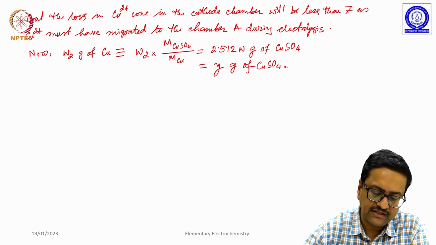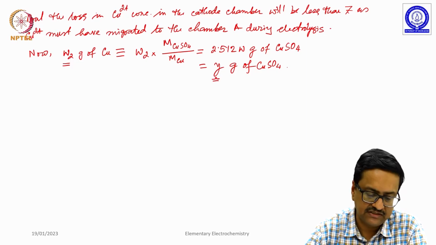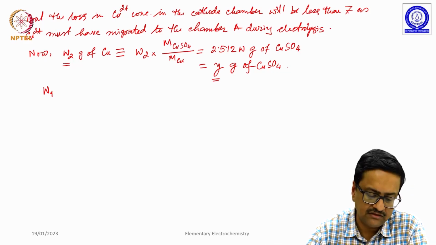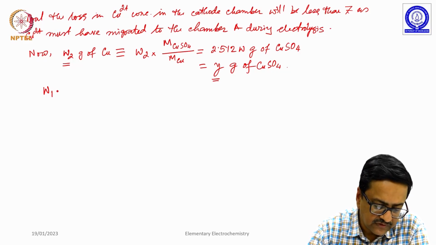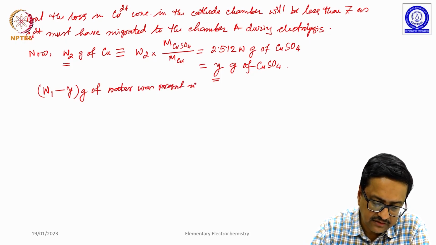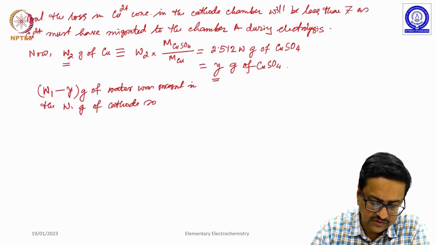So, when we analyze the cathode chamber, we got W2 gram of copper, which corresponds to Y gram of copper sulphate. And if you remember, we had W1 gram of cathode solution which was removed. So, W1 minus Y is the amount in grams of water that was present in the W1 gram of cathode solution.